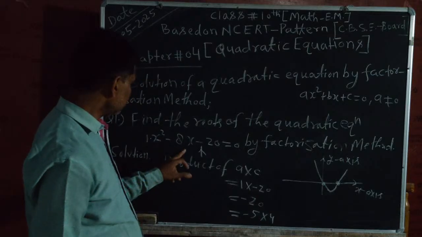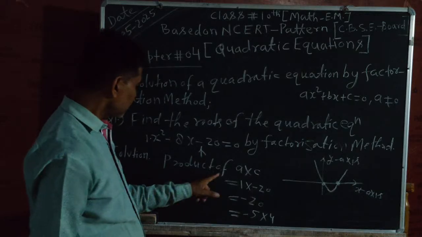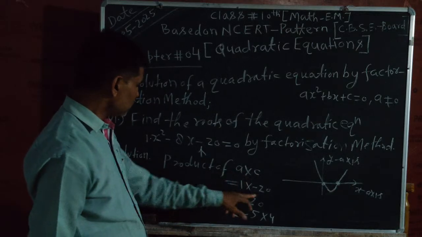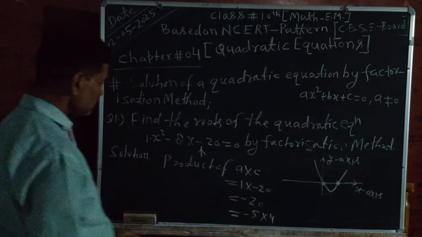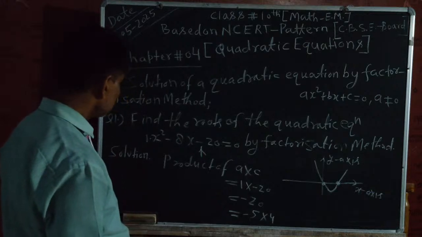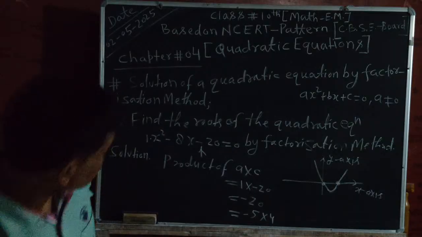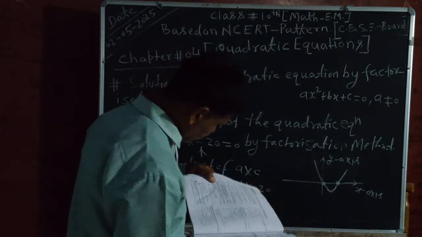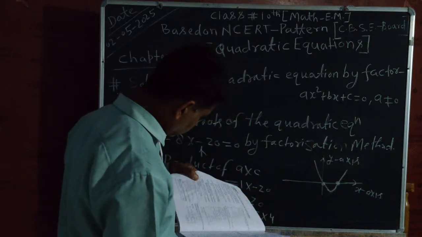X square minus 8x minus 20 equal to 0. So the product of A into C, that is 1 into minus 20, is minus 20. I am going to check whether the question is correct or not. X square minus 8.